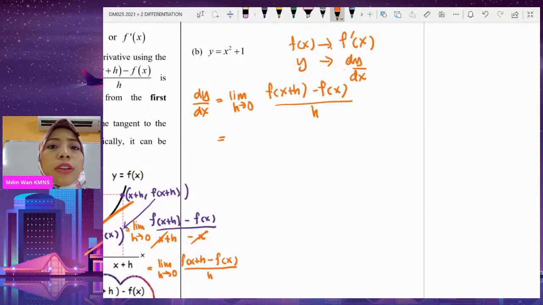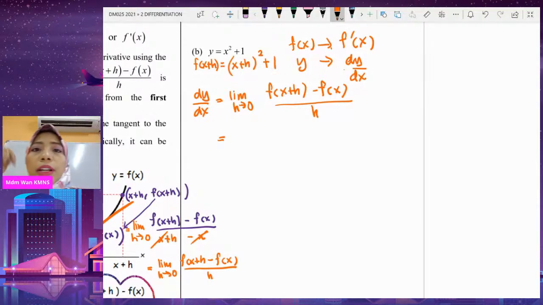So what is our f(x plus h)? f(x plus h) is equal to (x plus h) square plus 1. Semua boleh?